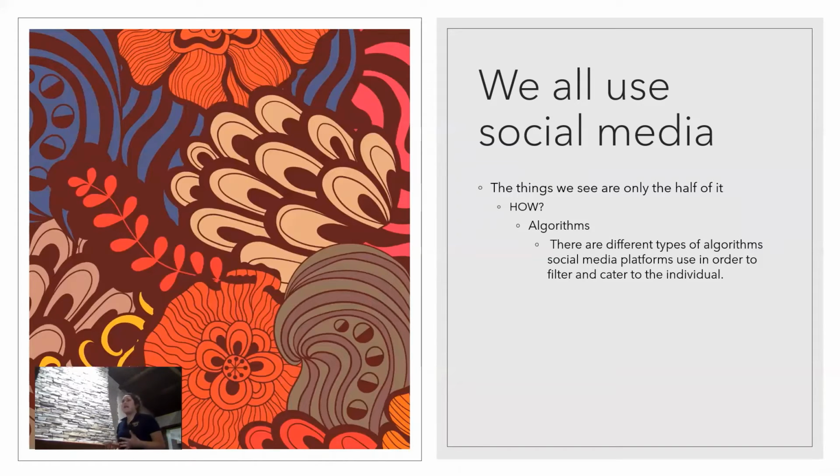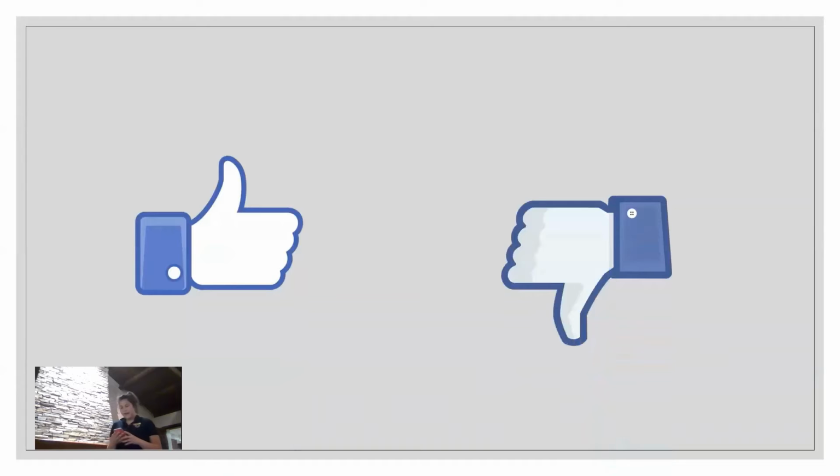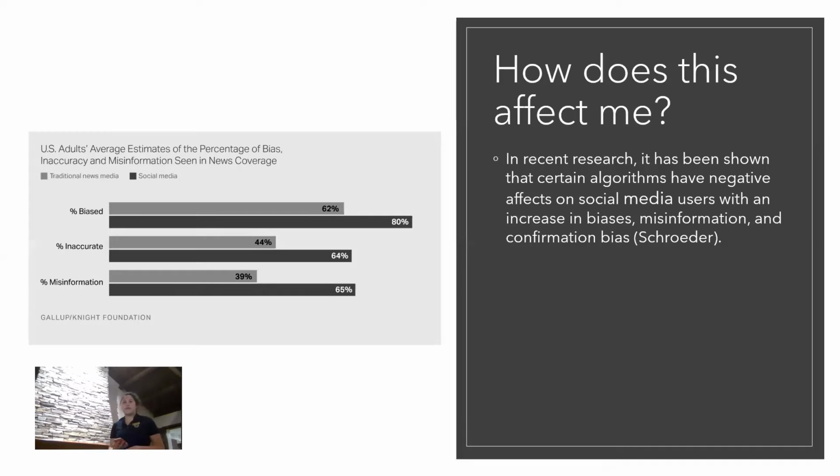I spend hours in a day on that. Well, there are different types of algorithms that social media uses in order to filter and cater to each individual. What you like, dislike, deeply affects whatever you see. Now, how does this affect you? How does it affect me?